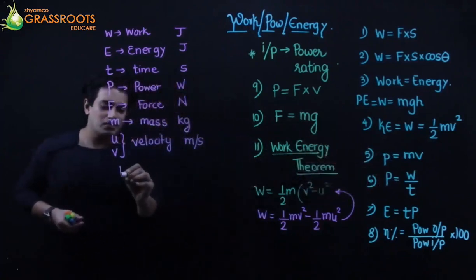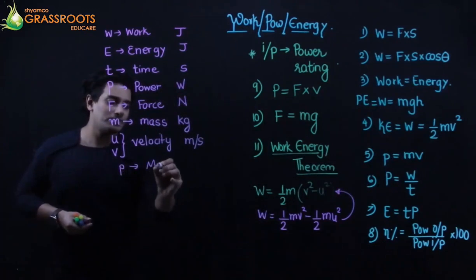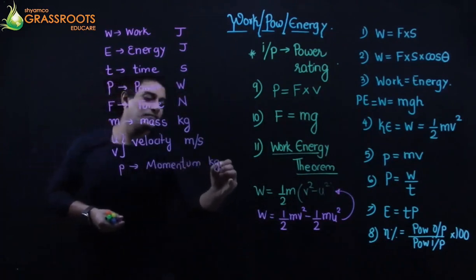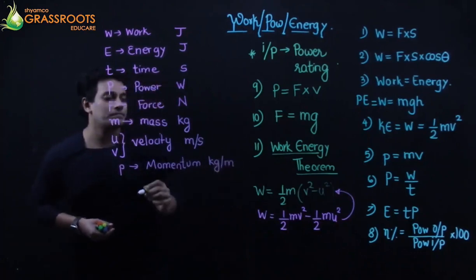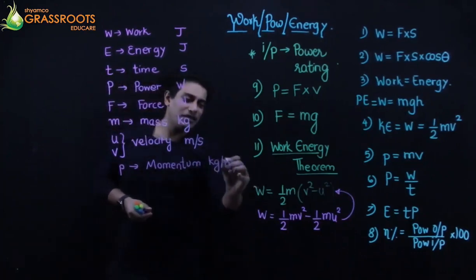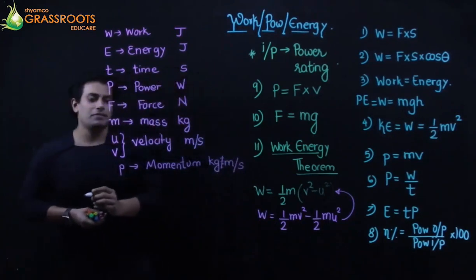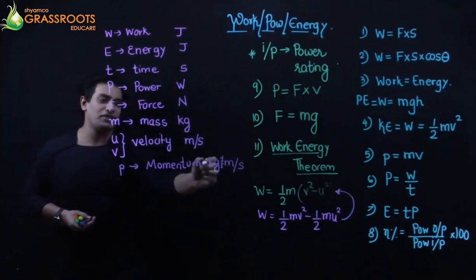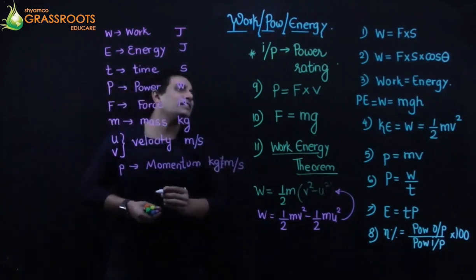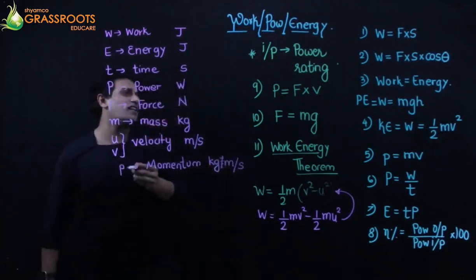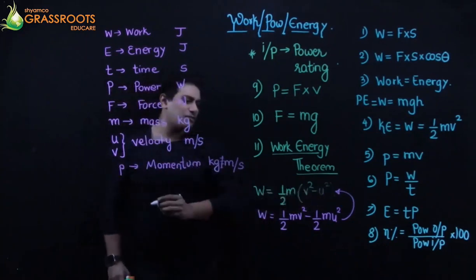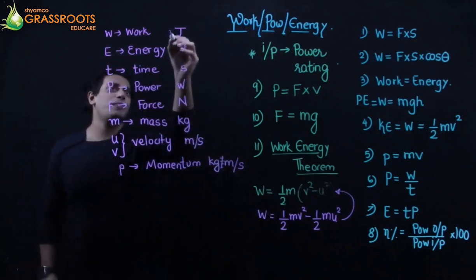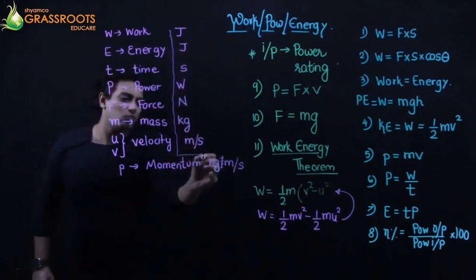Small p stands for momentum. Momentum is kg meter per second. That's mass into velocity. Kg meter, it's together. Then I think that's it, right? V stands for velocity, it's done. F is done. P is for power, that's it. So these are the pointers which you need to remember, the SI unit and the symbols.